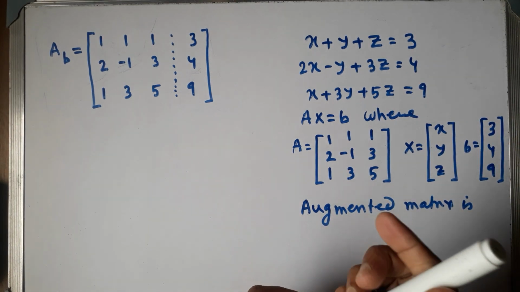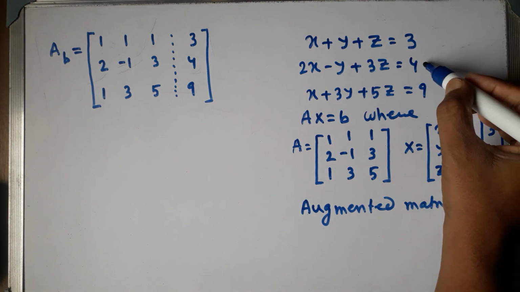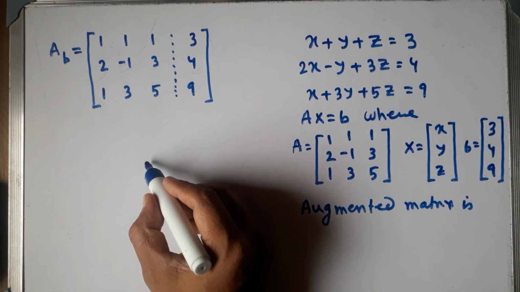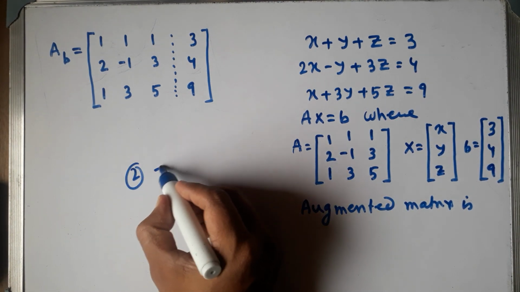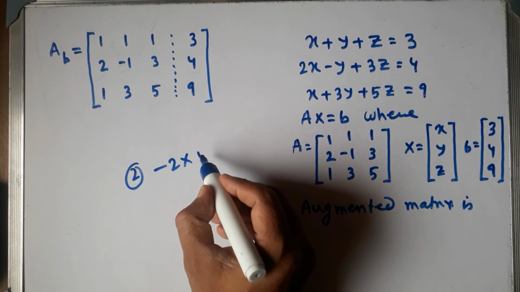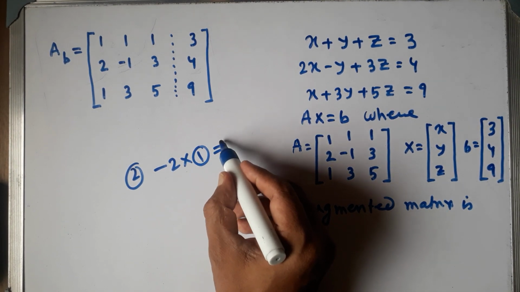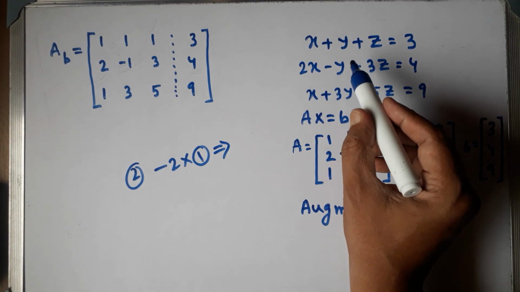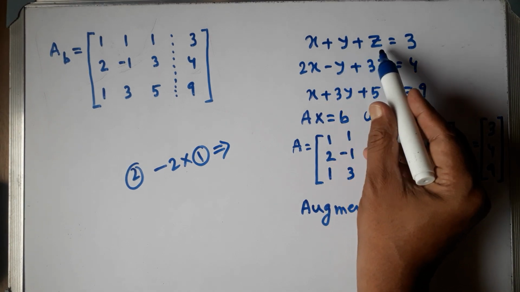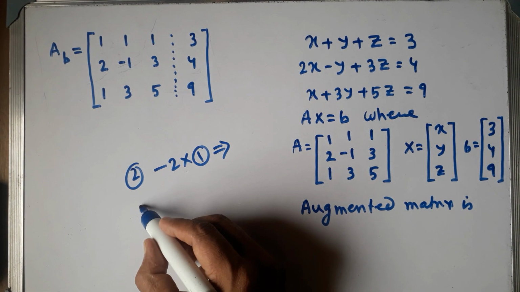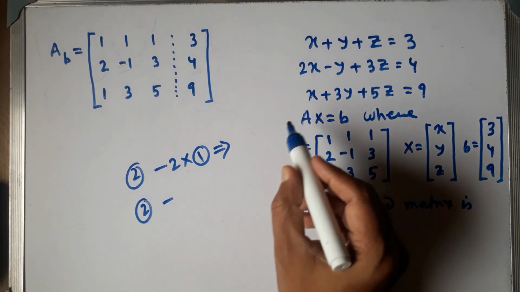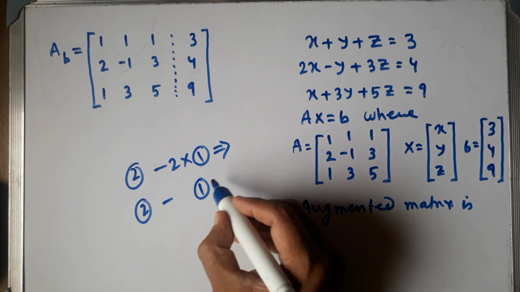Just look at this board. He will solve in this way. Equation 2 minus 2 times equation 1. This will give you an equation in terms of y and z, and then equation 3 minus equation 1.